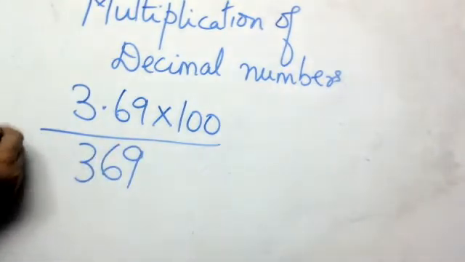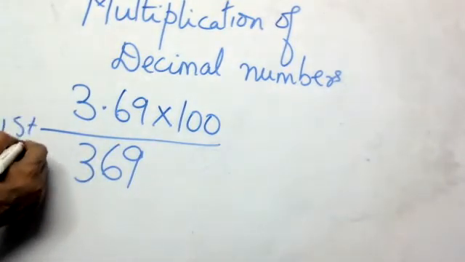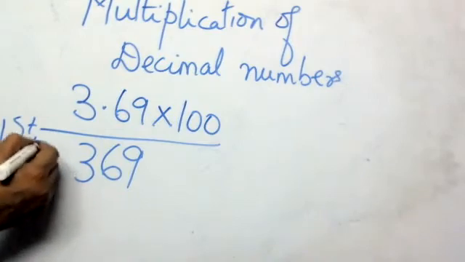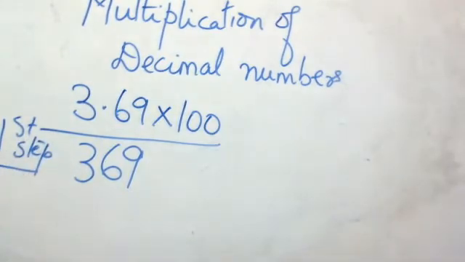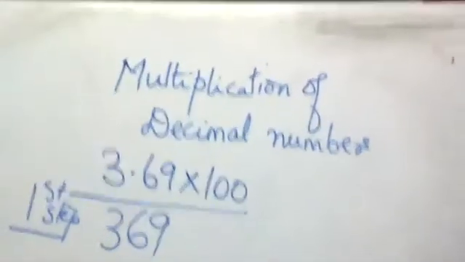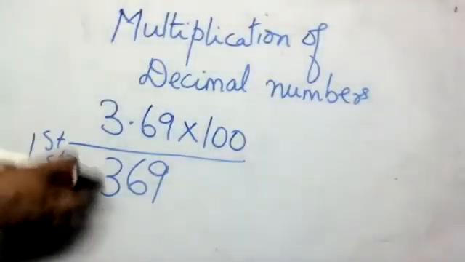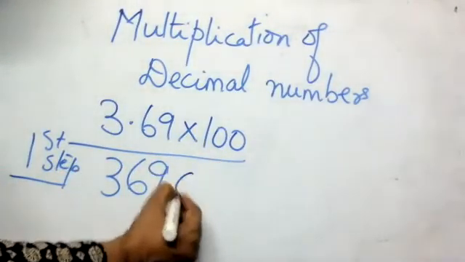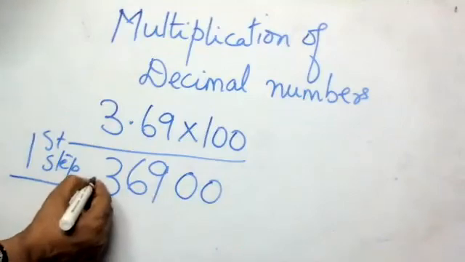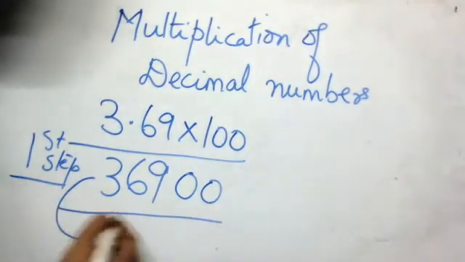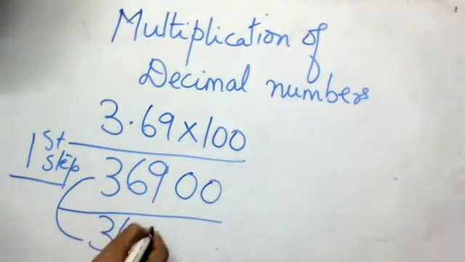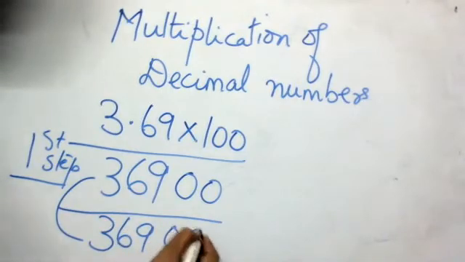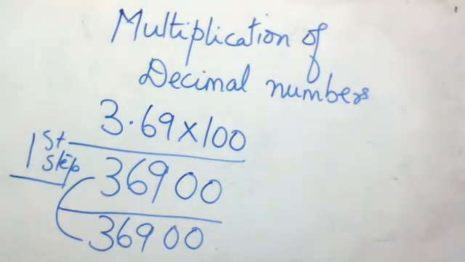Please don't forget the first step. The first step is write the number as it is, then add two zeros for 100. Now let's go to the second step. 36900. Now the decimal place is after two digits from the right. So the answer is 369.